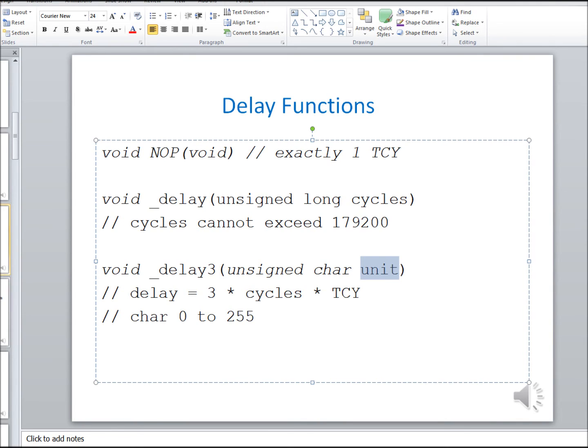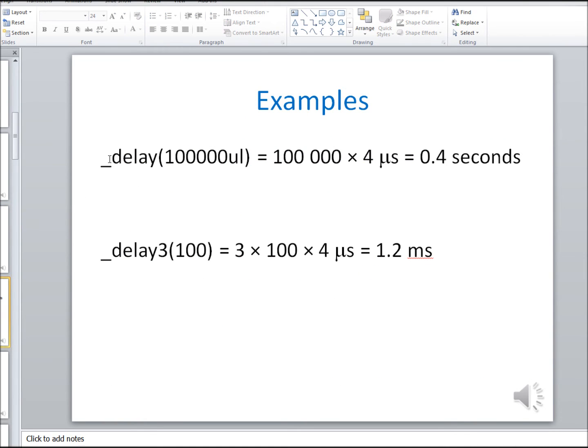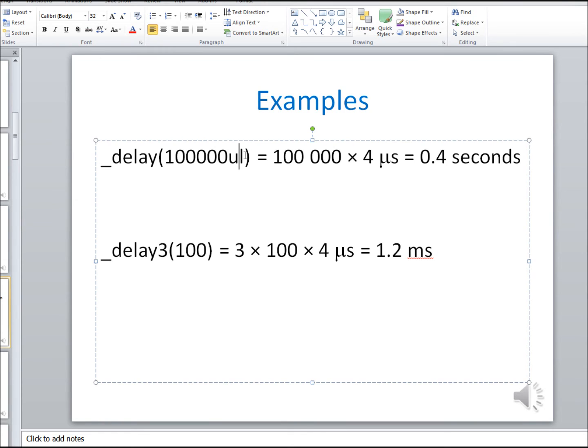Let's look at some simple calculations here. In the code, I had underscore delay 100,000 UL. The UL means unsigned long. This is just a little precaution because C compilers tend to think of bare numbers like this as integers, and this is too big to be an integer. So this is just a warning: make sure this is actually put in enough memory space for a long number.